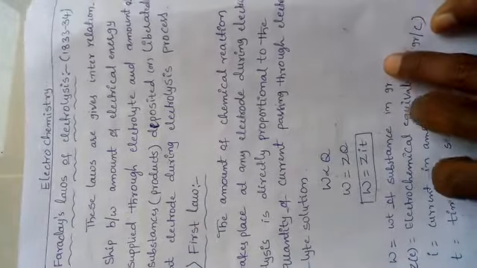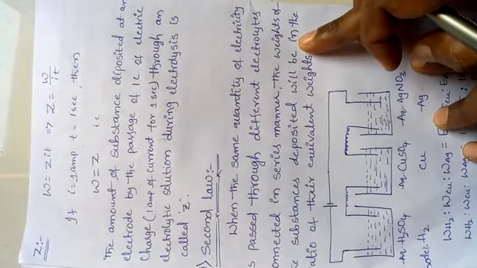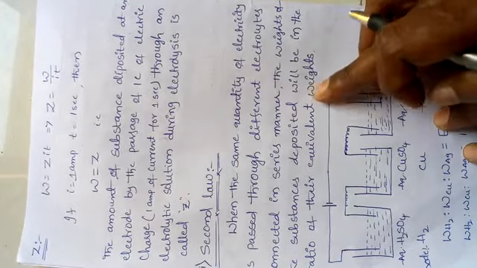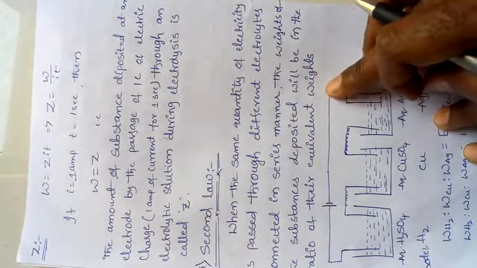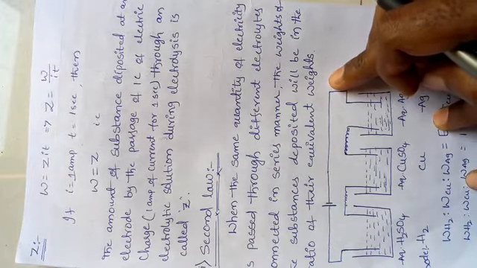Now Faraday's second law. What is it? If we pass the same amount of electricity through different electrolytes connected in series, the amount of substance liberated at the electrodes is in the ratio of their equivalent weights.